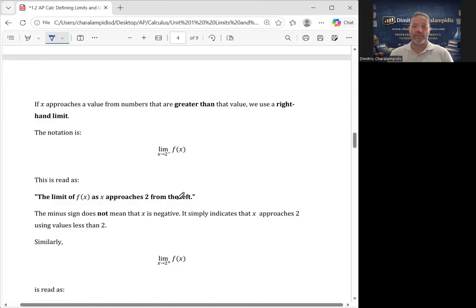So we write the limit of f of x when x tends to 2, and here we put the negative sign. Similarly, the positive sign in place of the exponent means that we approach x equals 2 from the right, from values which are greater than 2, that means 2.1, 2.01, 2.001, and so on.